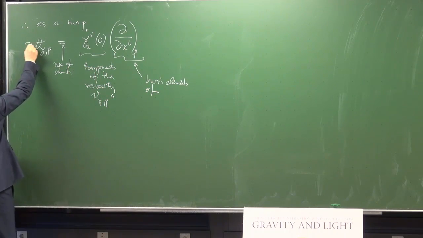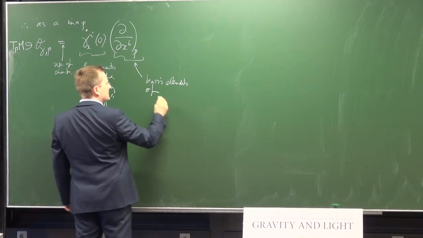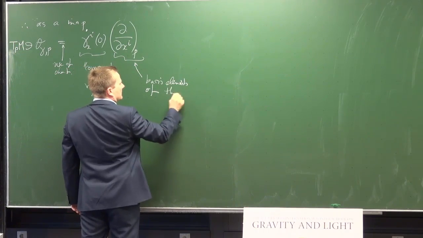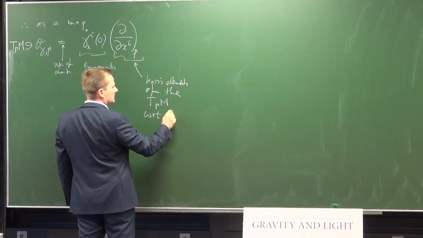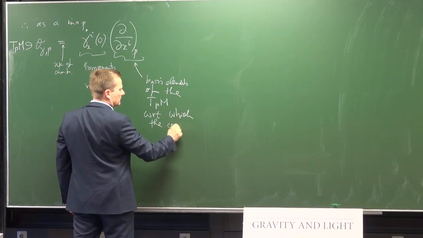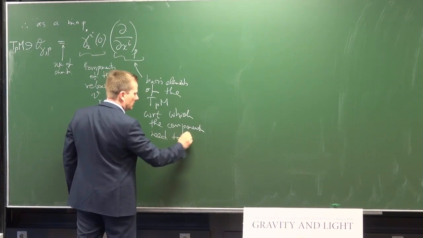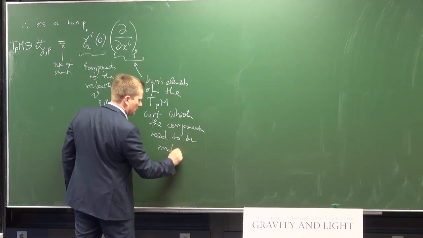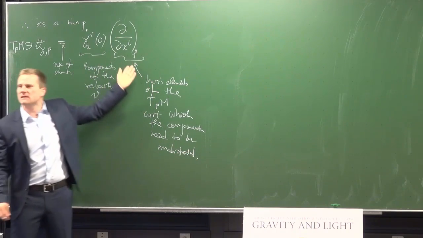Where does it live? It lives in the tangent space. These must be the basis elements of the T_pM with respect to which the components need to be understood. Right? If I talk about components of a vector, I need a basis for the vector.